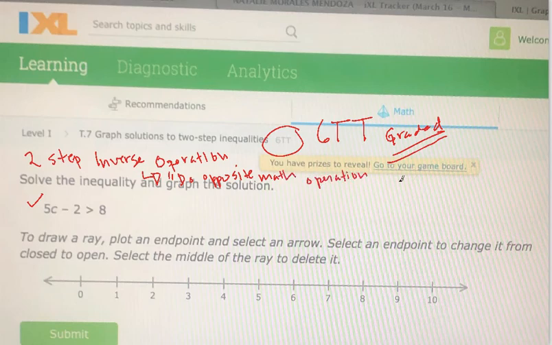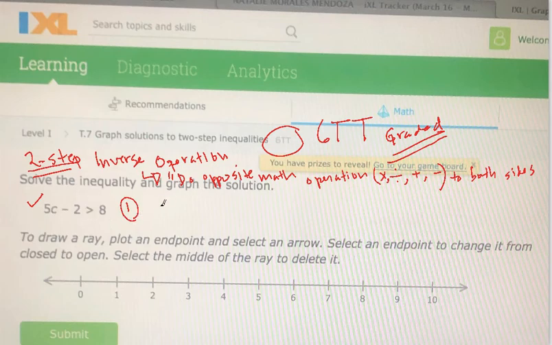And remember, an operation is multiplication, division, addition, and subtraction to both sides. So we're going to do the opposite math operation to both sides of the inequality, and we have to do it 2 times. It's a two-stepper. So we're going to do 2 inverse operations. So what is our first inverse operation?